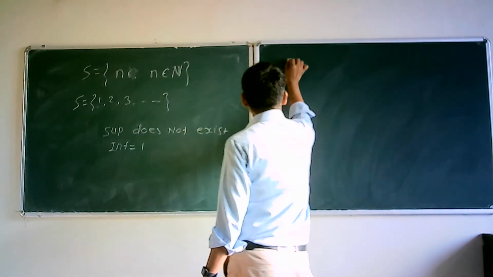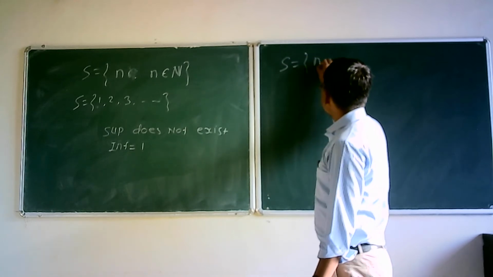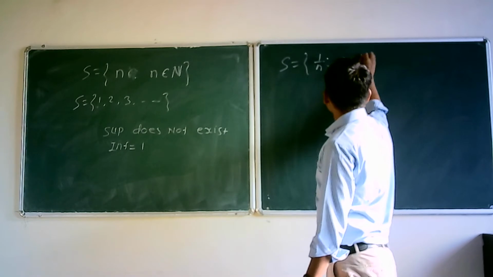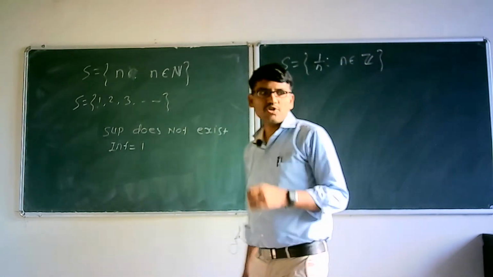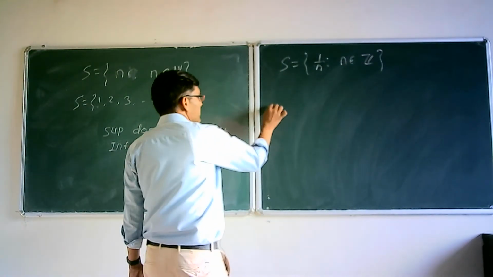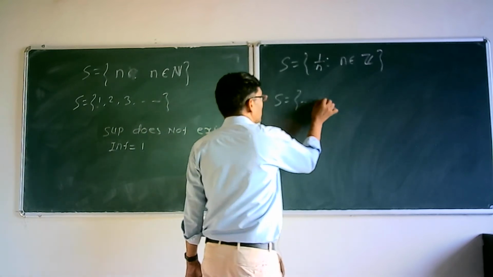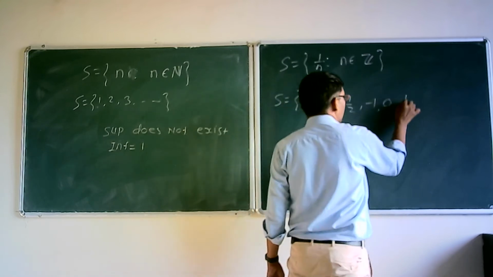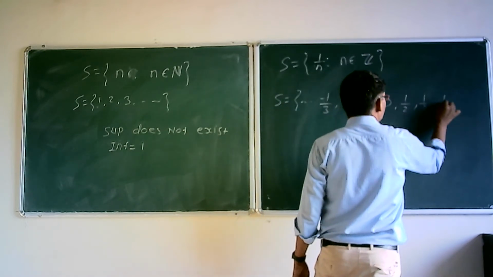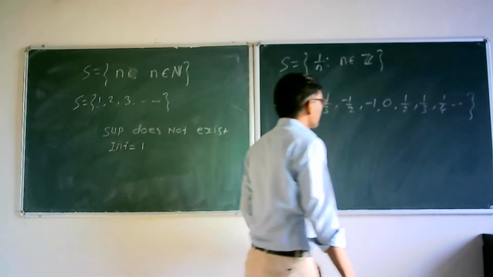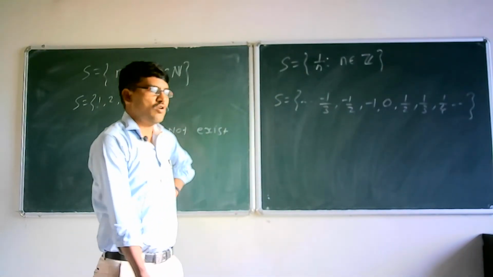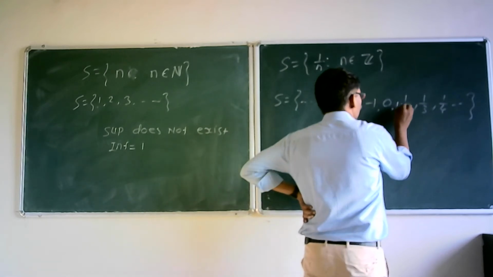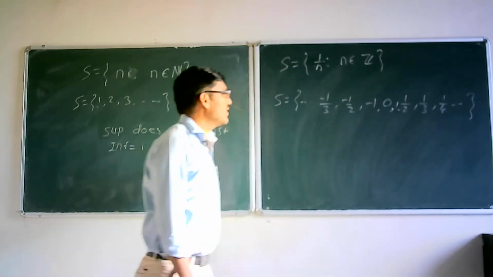Next example, suppose S is equal to 1 by n, where n belongs to Z, the set of integers. So if you observe, this set is S equal to minus 1 by 3, minus 1 by 2, minus 1, 0, 1, 1 by 2, 1 by 3, 1 by 4 and so on.